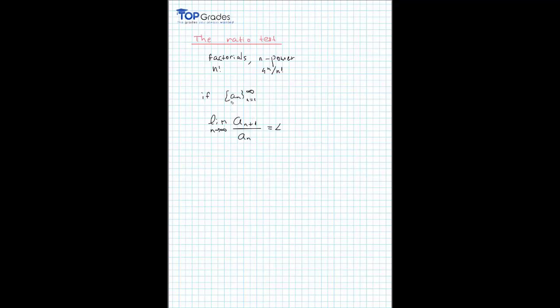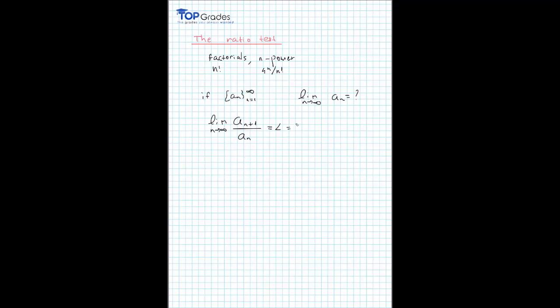We want to find the limit of a_n, and in order to find it, we are doing another new limit, the ratio between a sub n plus 1 divided by a sub n.